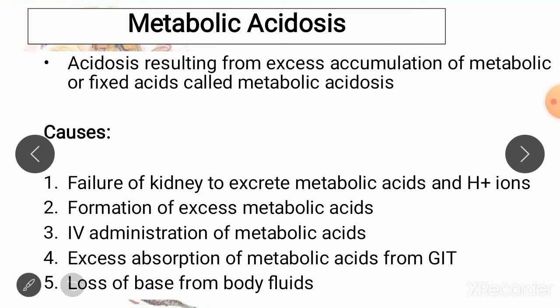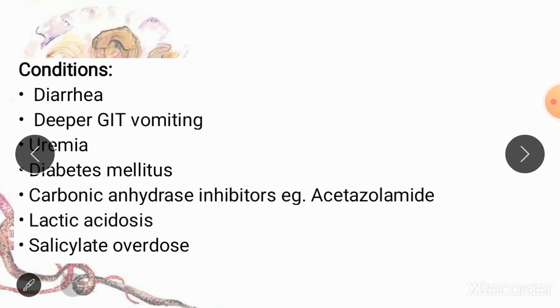This is very important from MCQ and even SCQ point of view. And the condition, as I mentioned before, is diarrhea. Very important. Three stars for diarrhea, because this is often given as a scenario for metabolic acidosis.